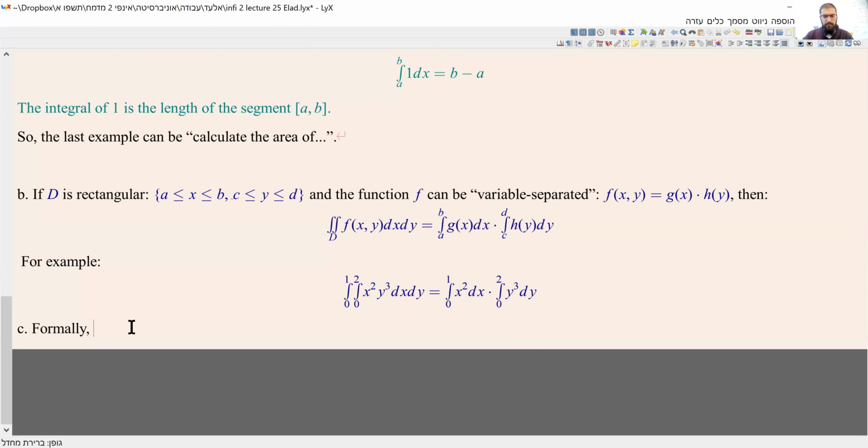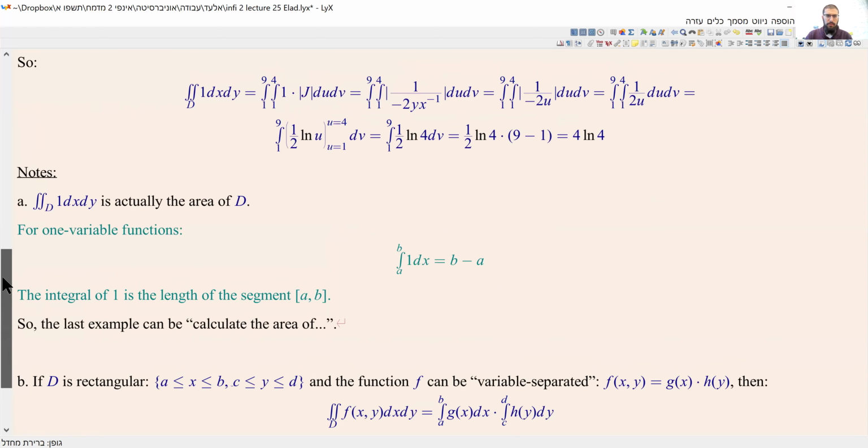What do I want to say about c? Formally, the substituting requires the change of variables to be injective, to be one-to-one.